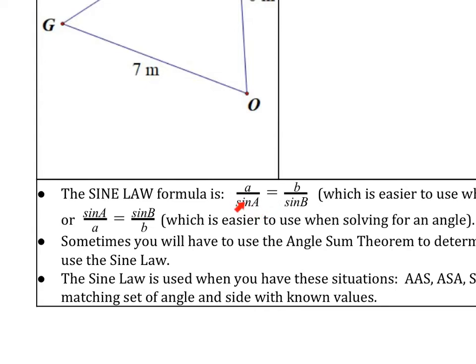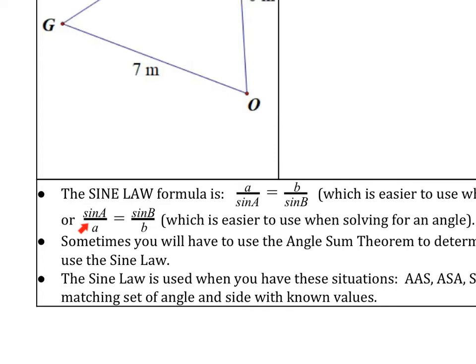If you are solving for a side, you're going to use this version of the formula, and it's side a over the sine of the angle opposite equals side b over the sine of the angle opposite. If you're solving for an angle, it's the same formula, just flipped upside down.